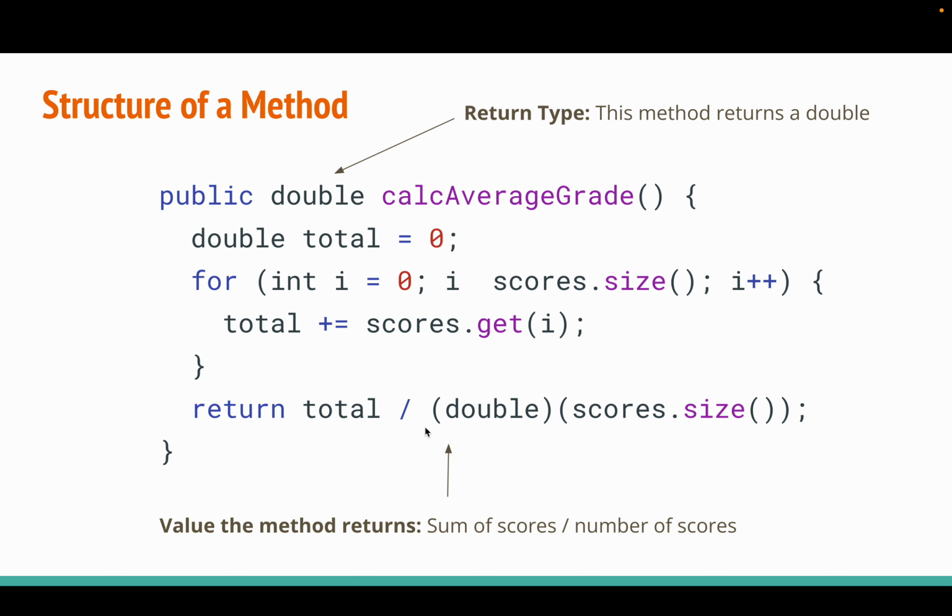Why we put this double here is called typecasting. It's essentially converting scores.size, which is automatically an integer, into a double, and then you divide it. In this case, because total is a double, if you divide a double by an int, it's automatically going to return a double. However, it is good to put double there for clarity.